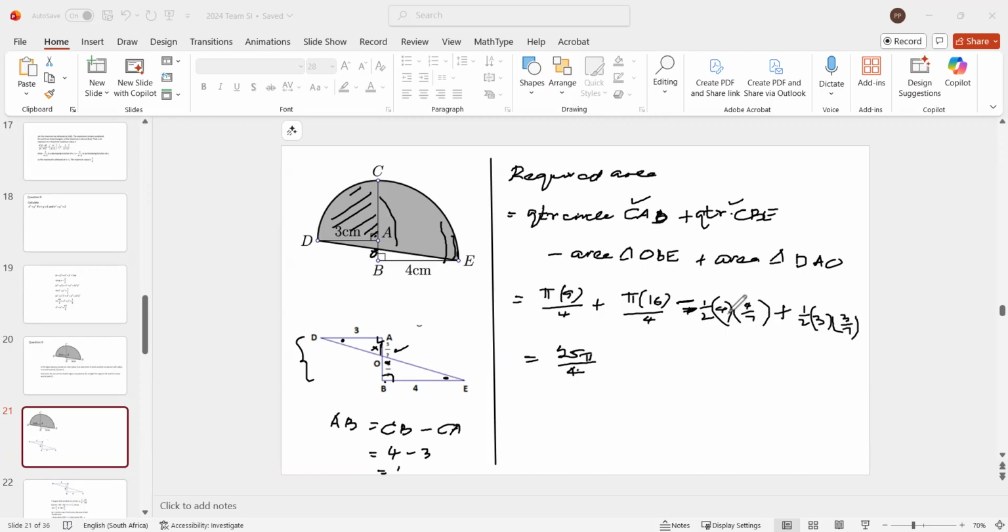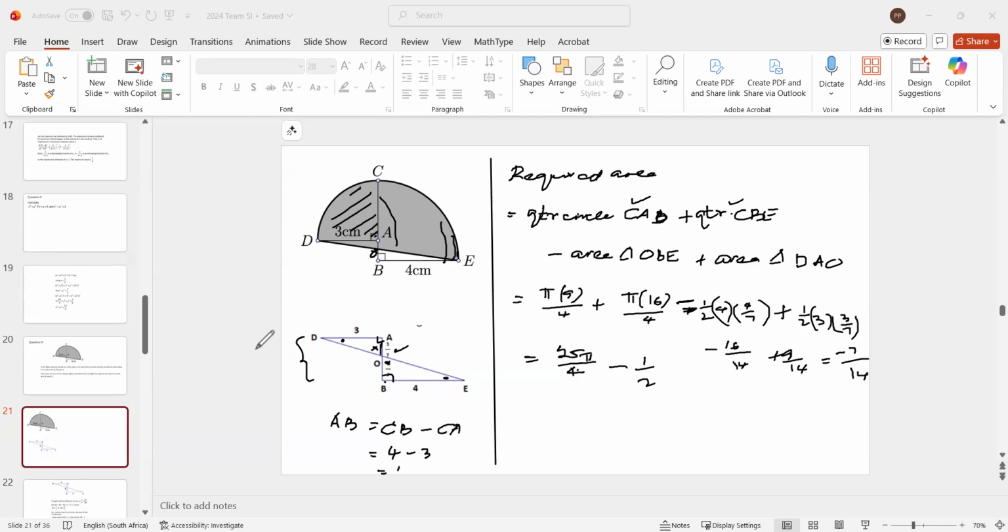So I don't simplify. 4 times 4 is 16, 2 times 7 is 14, and here 3 times 3 is 9, so 9/14. 9 minus 16 is minus 7 over 14, which simplifies nicely to minus a half. Okay, so that is the required area.